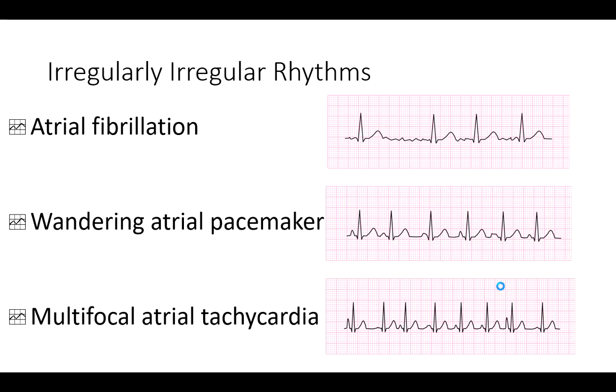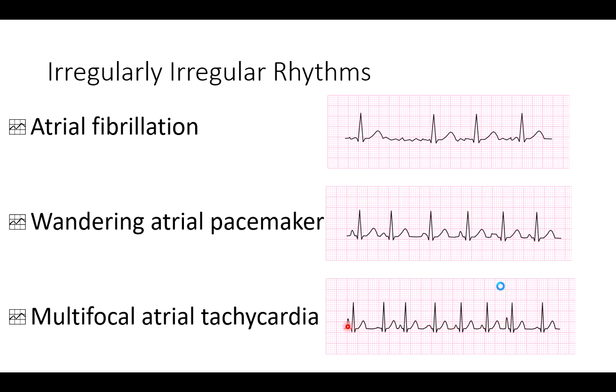And then if I wanted to say what is my rhythm or what's my rate here, maybe we have a fast rate. Or if we look at all these and we count a 3-second or a 6-second strip, and we look at all the P waves, that one's different from that one, it's different from that one.